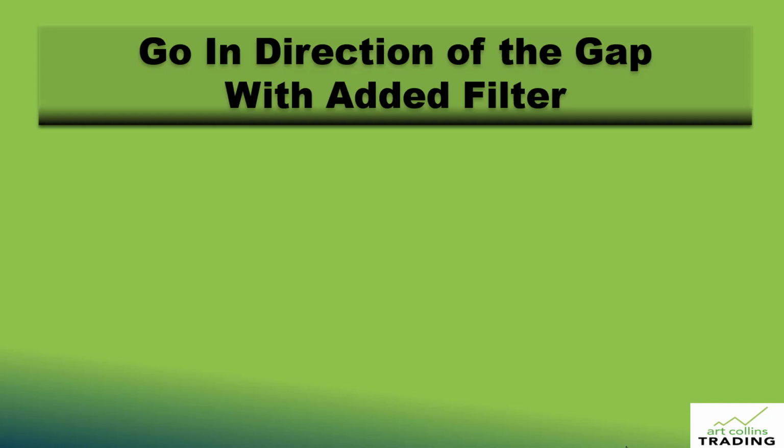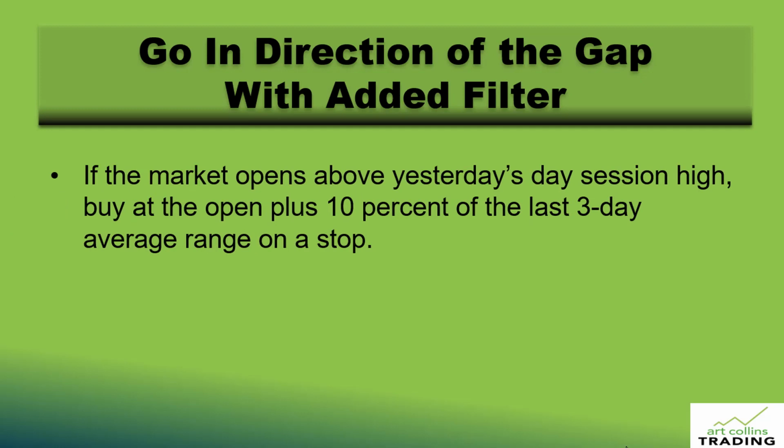So then I had a second idea. Well, instead of just buying or selling at the market, let's make it move a little bit in our favor. So here's the rules for the filtered idea. If the market opens above yesterday's day session high, buy at the open plus 10% of the last 3-day average range on a stop.